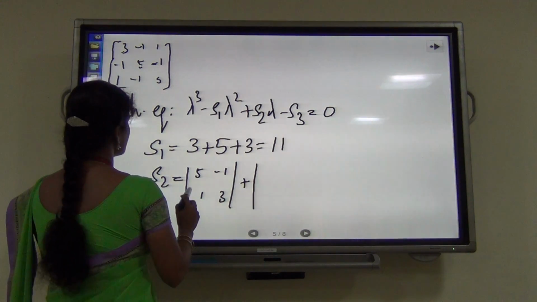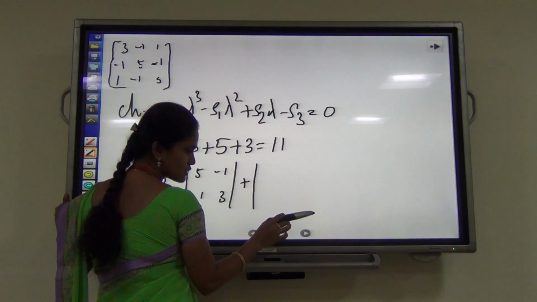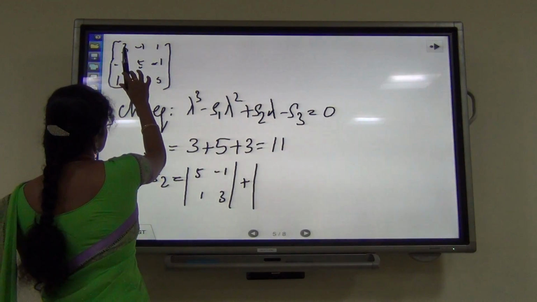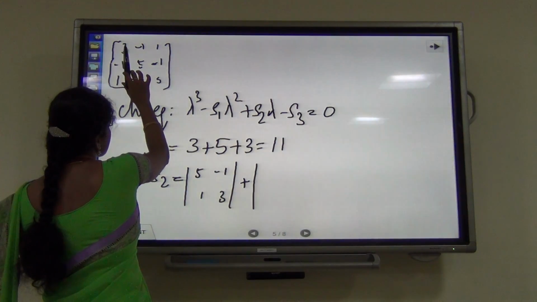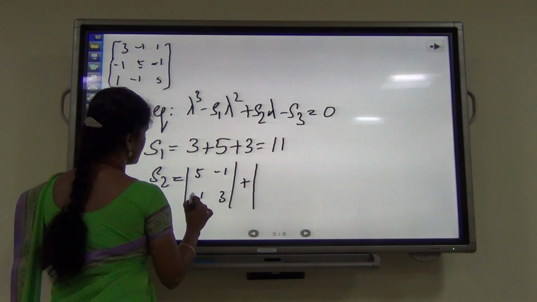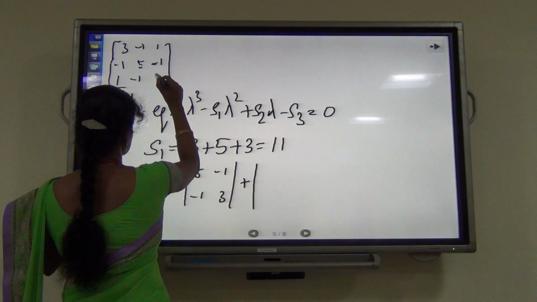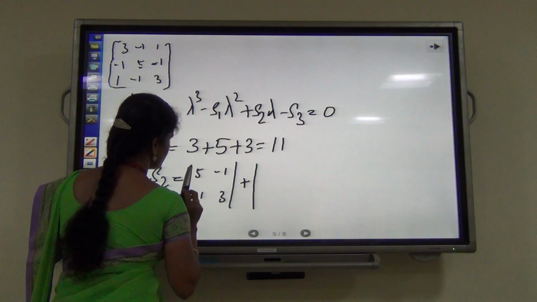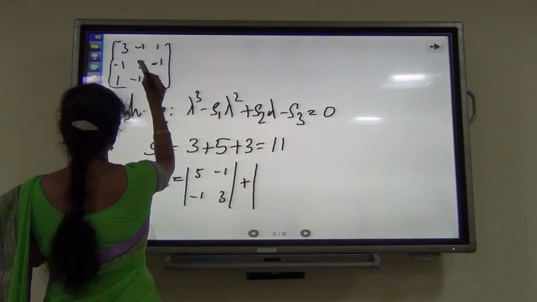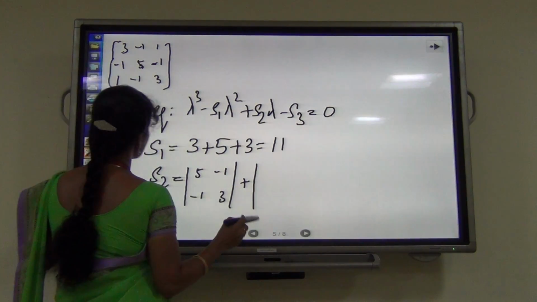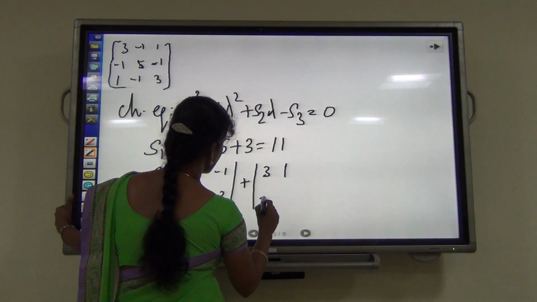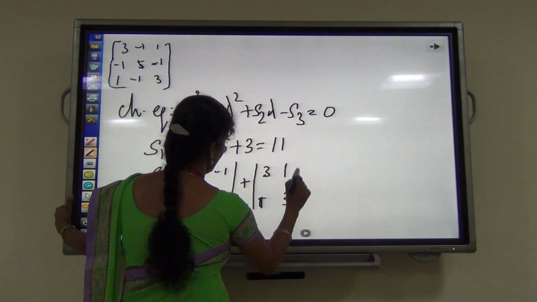So the sum of the minors of the main diagonal elements. 3 is the first diagonal element. As we remove the corresponding row and column, we get 5, minus 1, minus 1, 3. The next leading diagonal element is 5. When you remove the corresponding row and column, you get 3, 1, 1, 3.